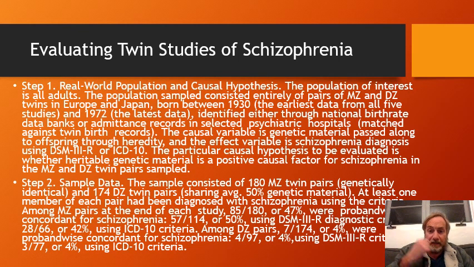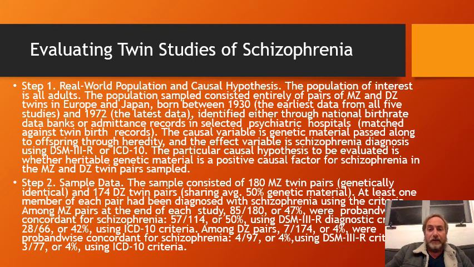Okay, so here is the evaluation they give you in the book of the twin study of schizophrenia. Don't freak out. You don't have to do anything this detailed in the exam, but let's walk through it. We can at least understand it. So step one, real-world population and causal hypothesis. The population of interest is all adults, anyone who might have schizophrenia.